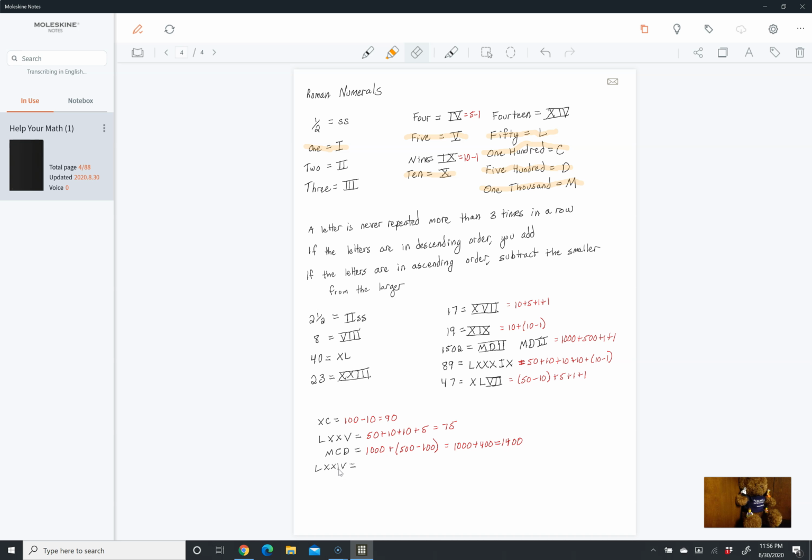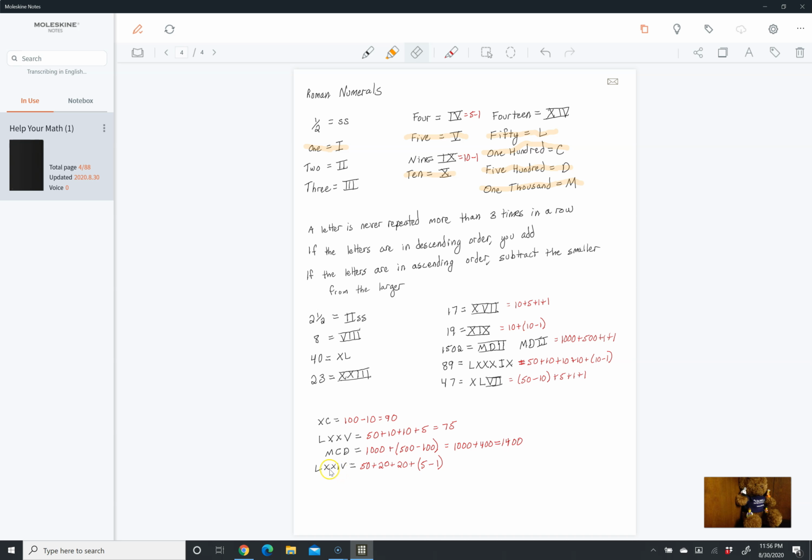So we look and we say, we have to make sure that it's either always going down, and if it starts to go up, we have to see where it's starting to go up so that we know what to subtract. So we have a 50 here. We can keep adding the 20 plus the 20. And then we see the IV, and the IV is a 5 minus 1. So you're only subtracting what comes immediately before it. And what comes immediately before it is the I.